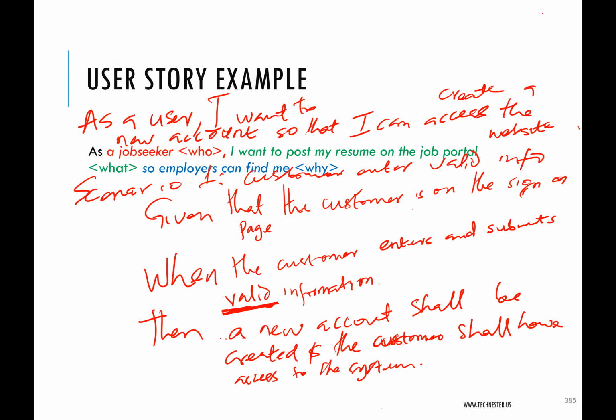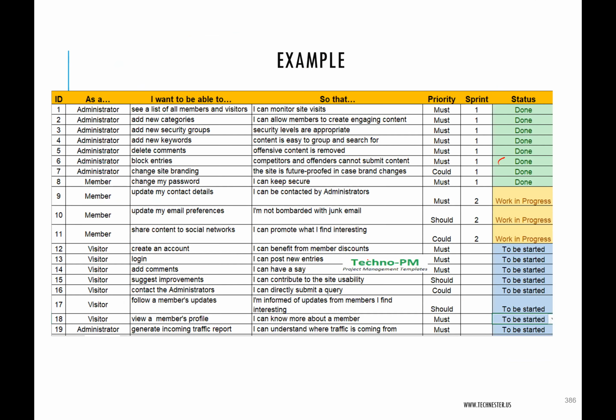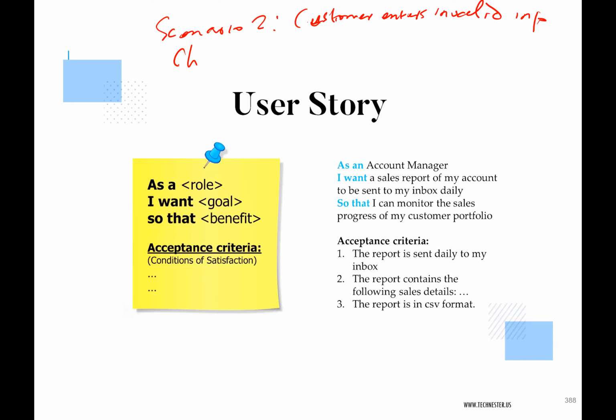The only difference is that the customer is entering and submitting invalid information. So you write what we wrote in given. Given customer is on sign-on page. When customer enters invalid information on the registration page, right?